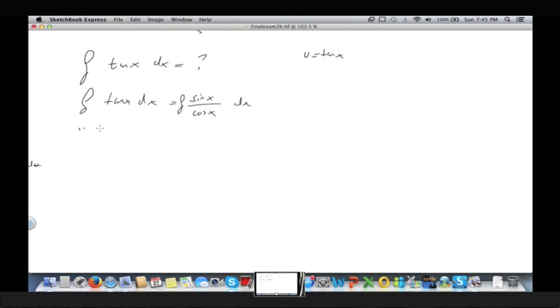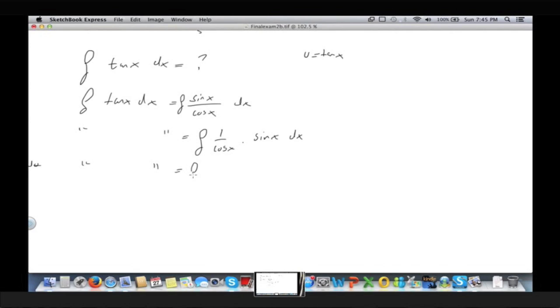So now we can write this as, we know the antiderivative of 1 over cosine of x.